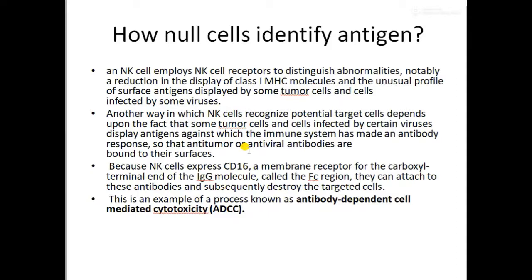Because NK cells express CD16, a membrane receptor for the carboxyl terminal end of the IgG molecule called the Fc region, they can attach to these antibodies and destroy the target cells. So they also carry out a process called antibody-dependent cell-mediated cytotoxicity. I will go into the details of this in the coming sessions. This is just an introduction of it.